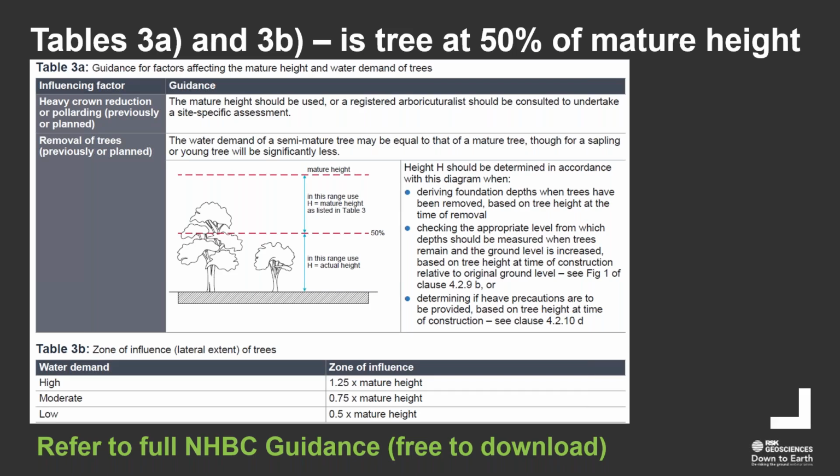You can see there that the importance of knowing whether the tree has a high water demand or a low is huge, because the range of influence on the soil is significant. That tree with a high water demand in a drying clay will do its utmost to get at the water because it needs to live, and so it will generate a huge network of suction within that clay and have a significant zone of influence.